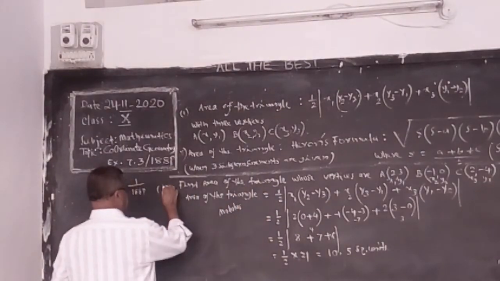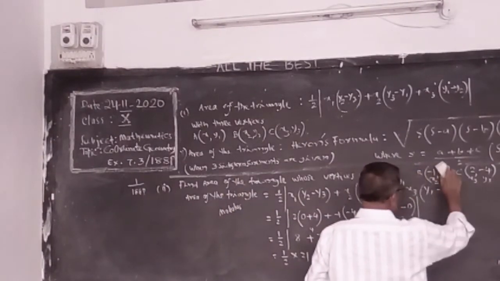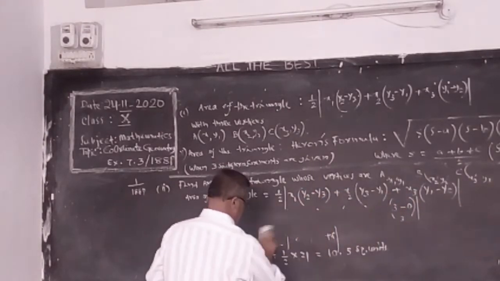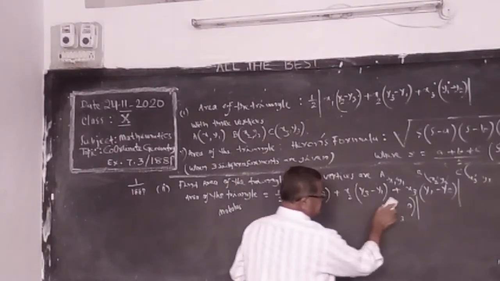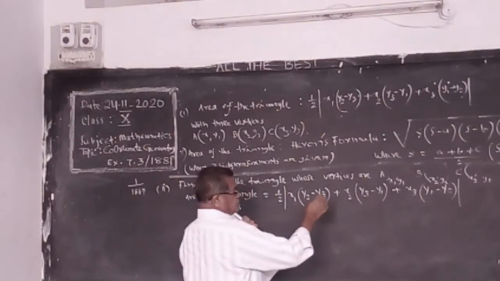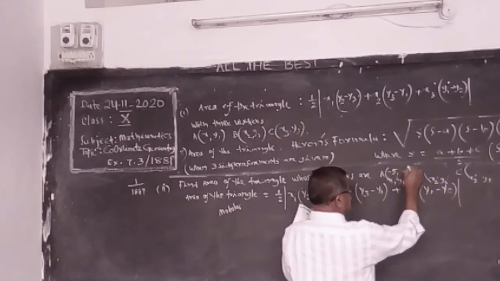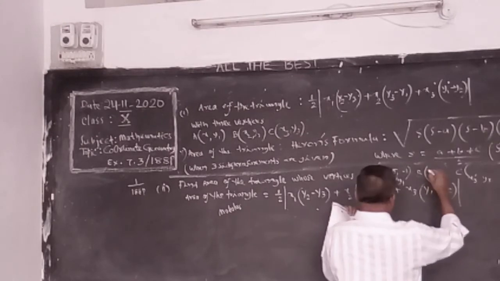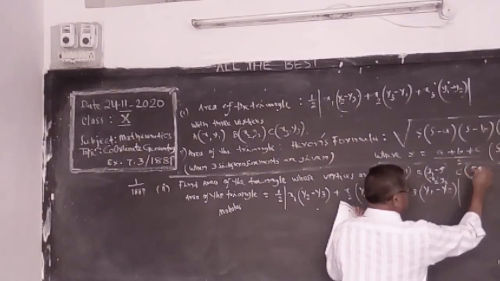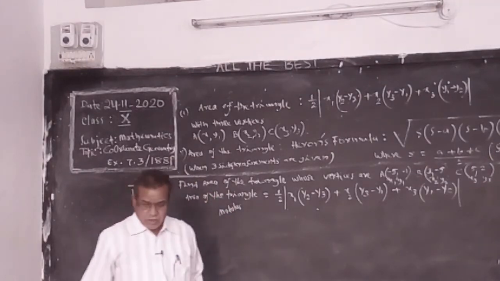Now, second question. Vertex A is (-5, -1), B is (3, -5), C is (5, 2).